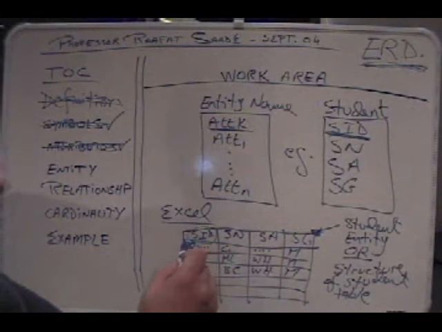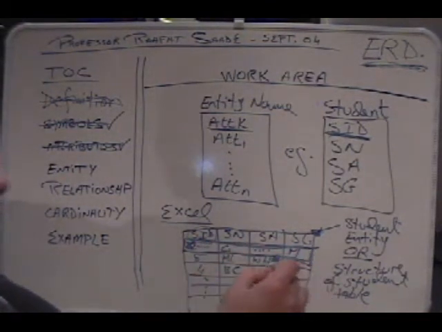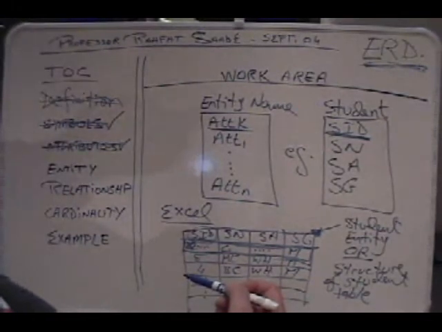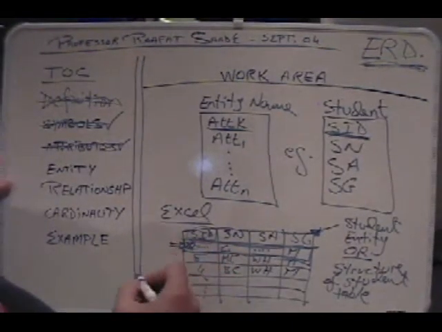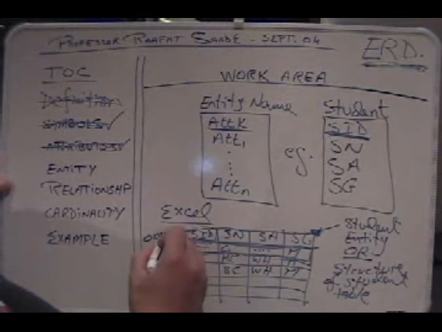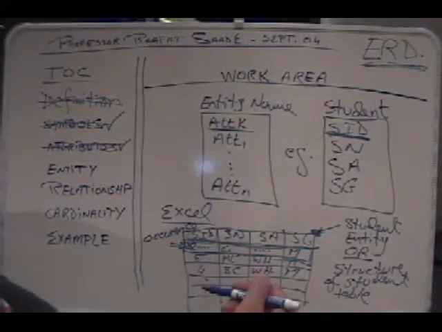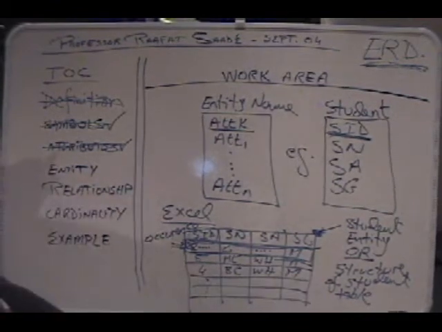Now, one piece of information which constitutes one row in Excel, and which constitutes one record in Access, in here is called an occurrence, which is a row, which is one student's information, or a record in Access.